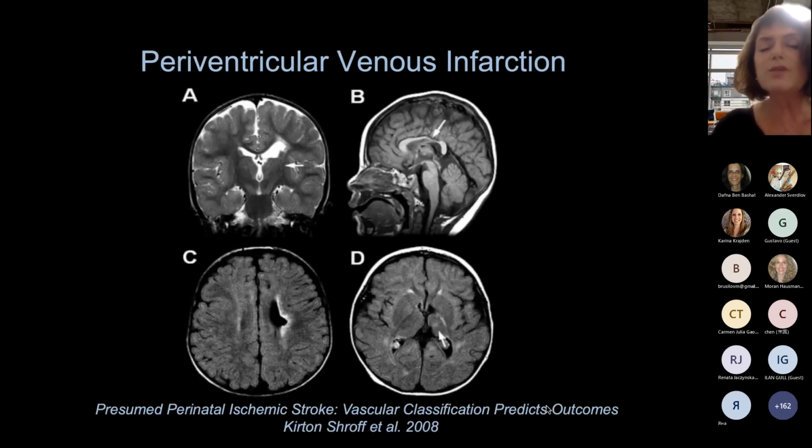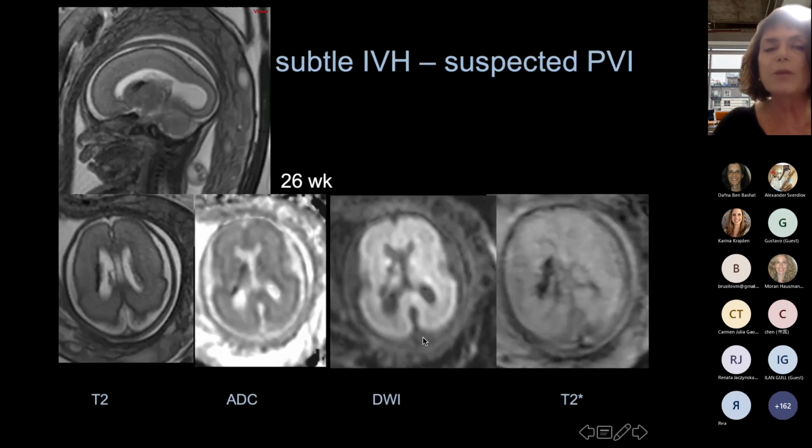And this is as demonstrated on the Curtin and Schroff, and you can see the very typical shape of the fourth ventricle and some thalamic abnormalities. This is in the postnatal world. This is another case, another subtle hemorrhage, and I think this may be extending into the basal ganglia and the ipsilateral internal capsule, because you see by the extension of it, it's not just volume average of the ADC map and the diffusion weighted abnormality.